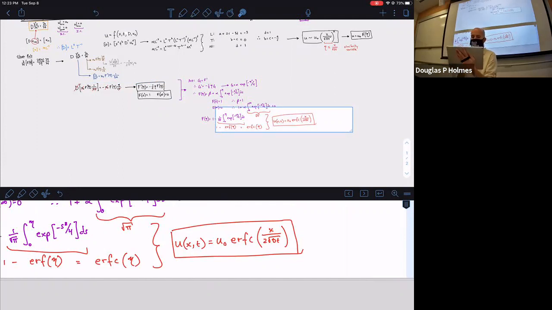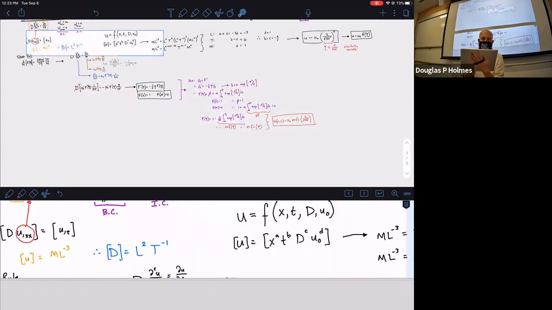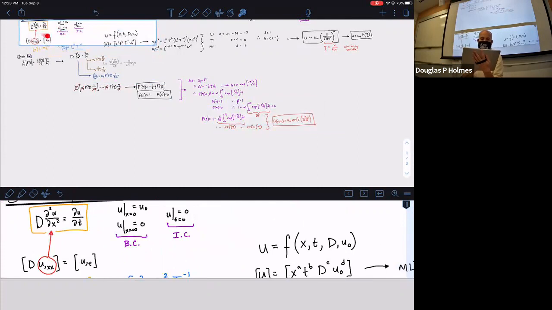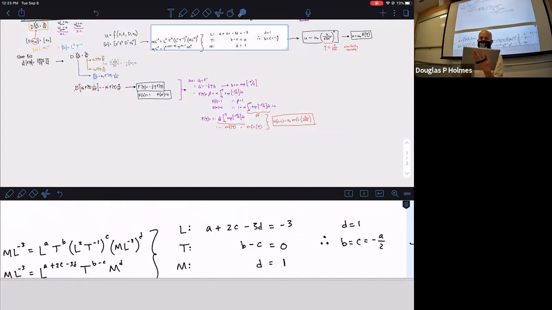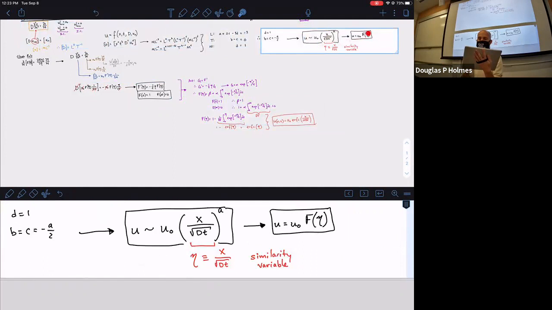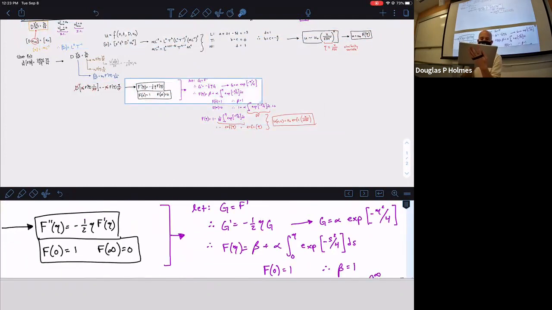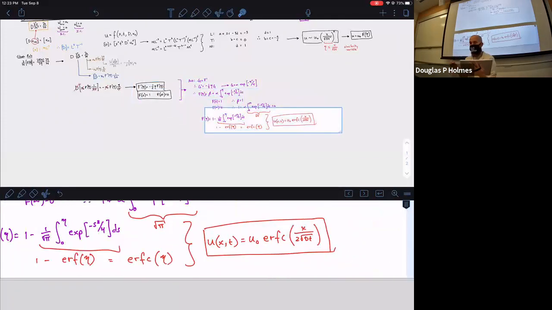The point of this course is to go from here, which is a complicated partial differential equation, use dimensional analysis to find a similarity variable, then use that similarity variable to reduce our PDE to a set of ODEs that can be solved. Doesn't mean it's straightforward to solve. It doesn't mean it's straightforward for you, and that's totally fine. It wasn't straightforward for me the first time I did it.